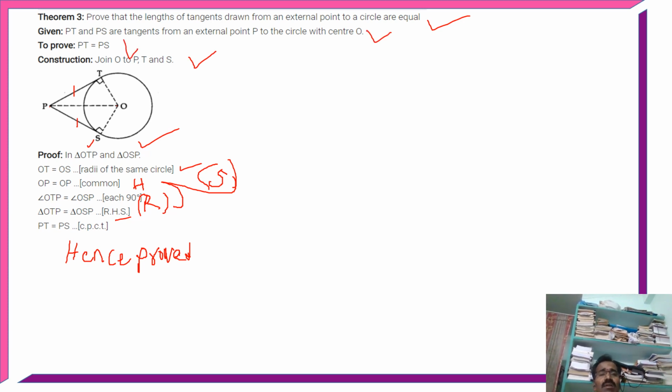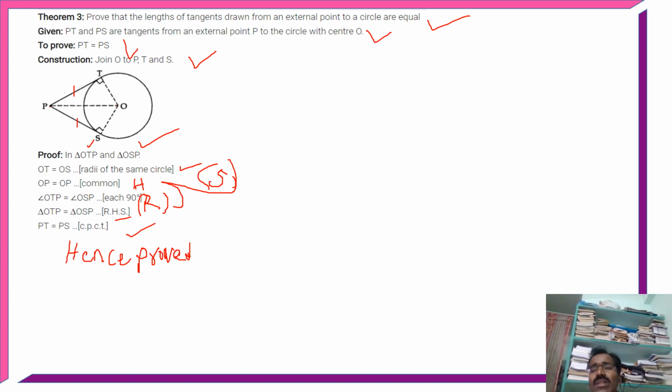It is given that PT and PS are the tangents drawn from external point P to the circle with center O. Now we will prove OTP and OSP are congruent by right angle, hypotenuse, side. By RHS congruence rule, both are congruent. By CPCT, PT equals PS, which is nothing but the lengths of tangents drawn from an external point are equal.